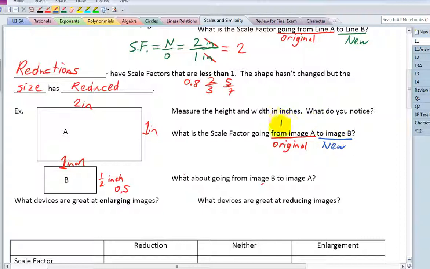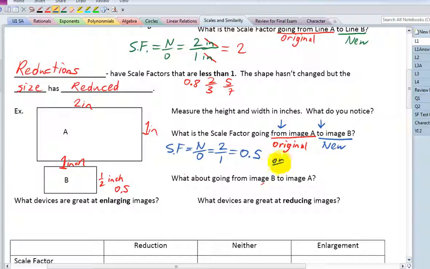Okay, so the keywords are from and to. From and to. So let's look at our scale factor using our measurements. New over original. What number do you want to pick from image A? Well, the 2. So 2 over 1, which equals 0.5. It's okay for decimals for this unit, for scale factors, okay?